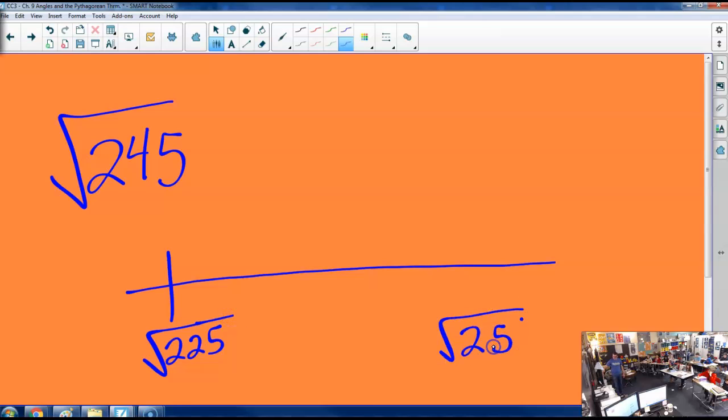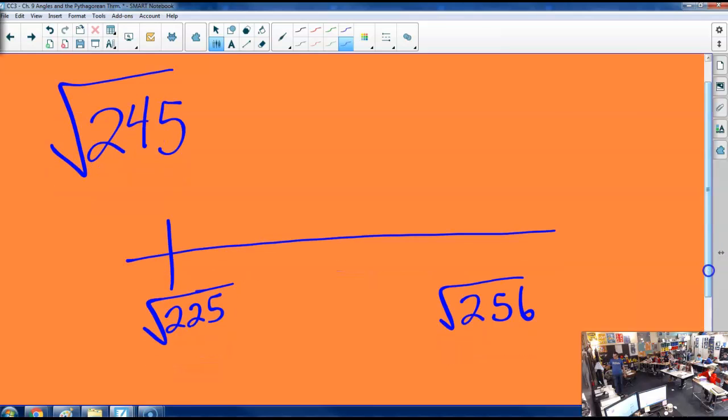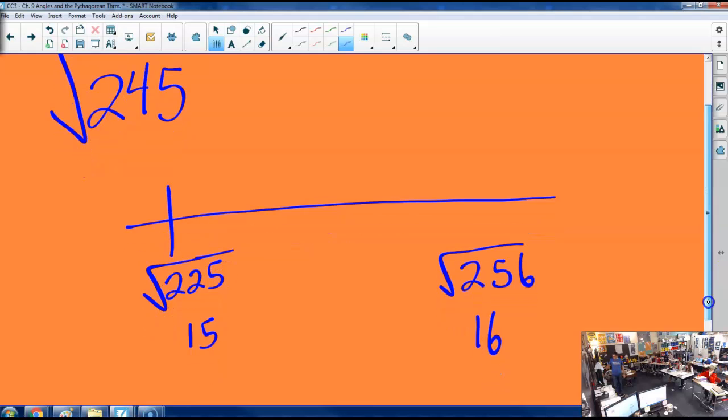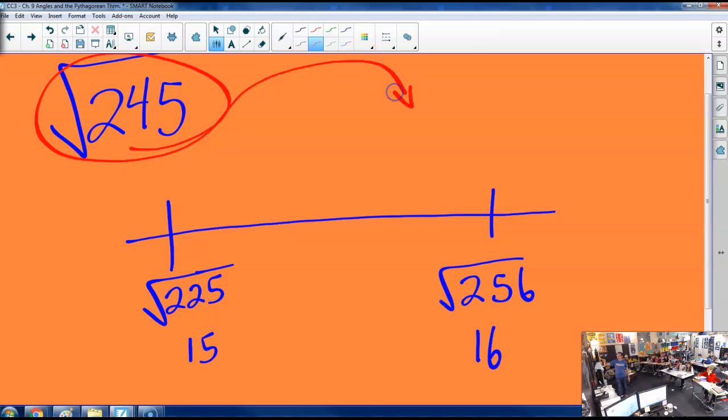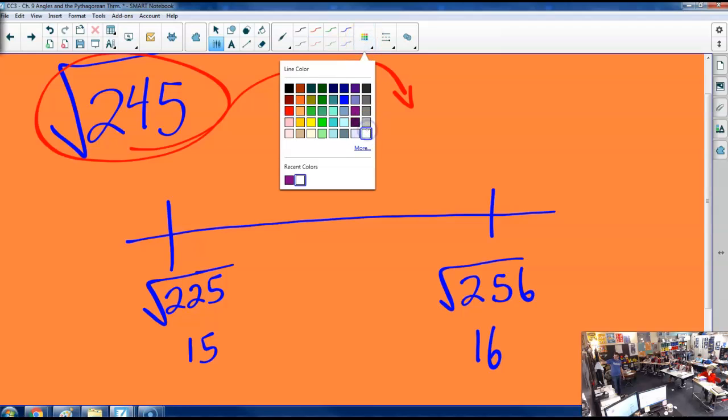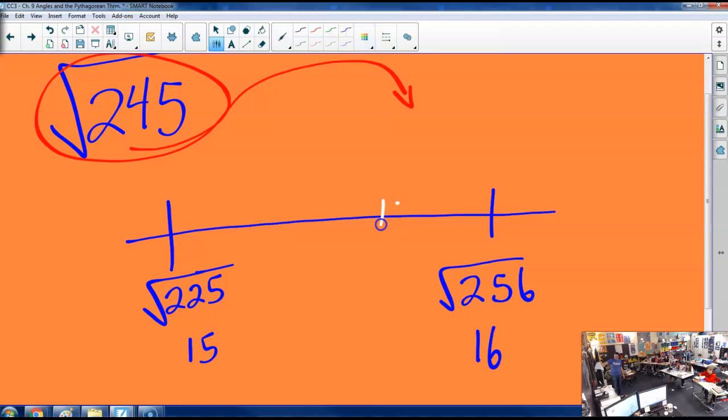Okay, it's closer to the 12. So 15 and 16 actually. We then place 245. It's closer to the top. Yes, you are correct.